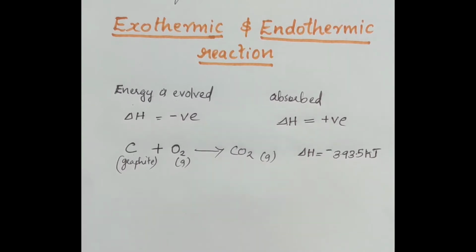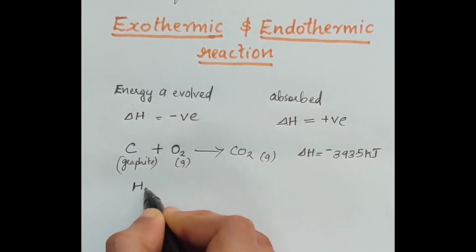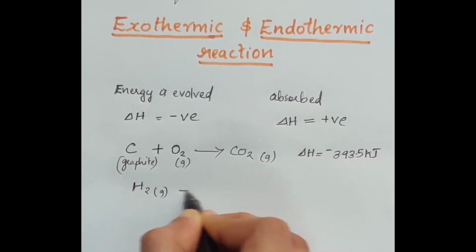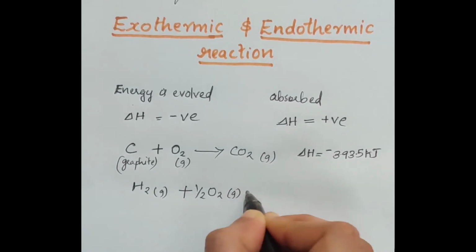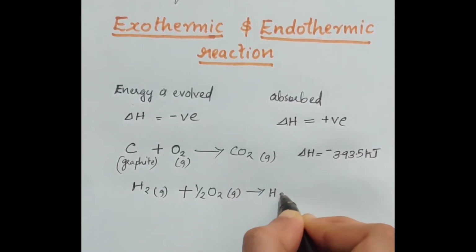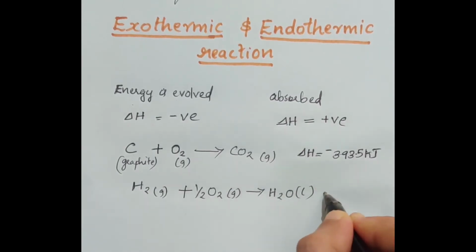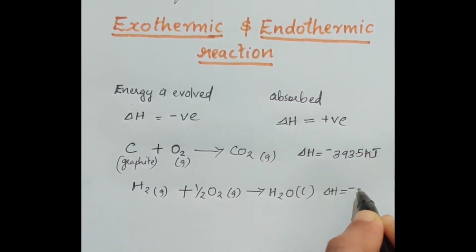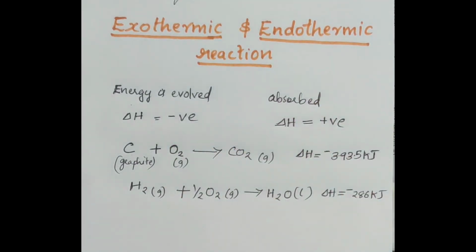And one more example, a very easy one: H2 gas plus half O2 gas gives H2O. H2O is a liquid. The value of delta H is also a negative quantity because the heat energy is released in this process.